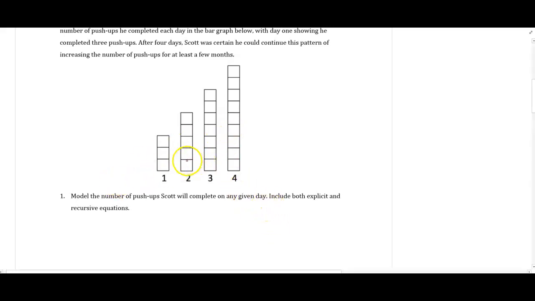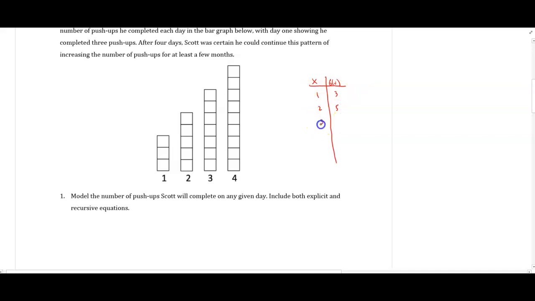Okay, so we had to model the number of push-ups each day. Could we write an explicit and recursive equation to model this? Well, let's look at first what type of function we are going to have. So when we make our table, we have x, we have f of x. On day 1, he had 3 push-ups. Day 2, he had 5.